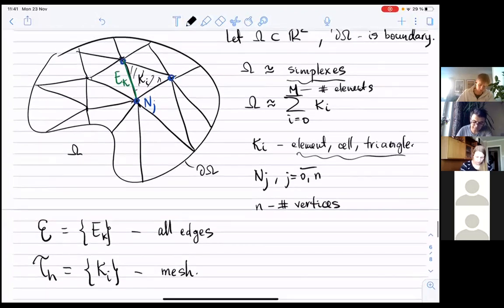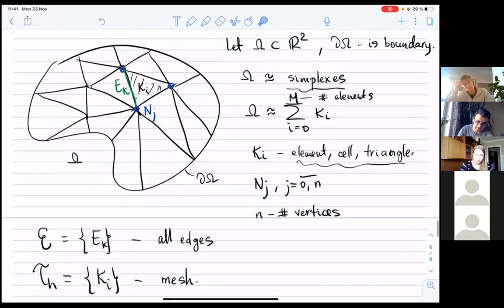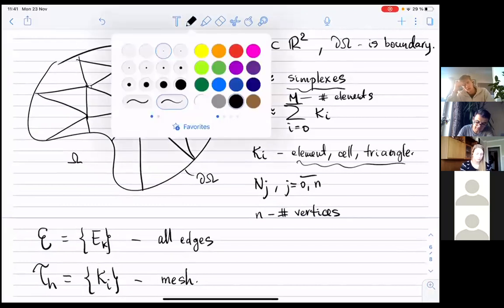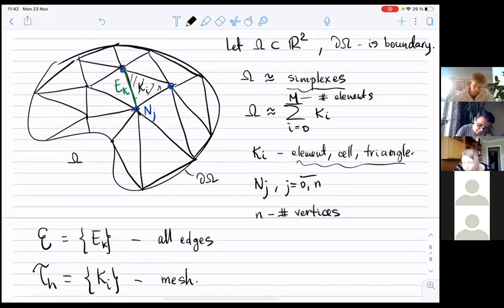Of course, you have to handle these curved geometries. But in practice, as a starting point, we usually approximate the boundary by some polygon. So the boundaries are approximated by polygons.